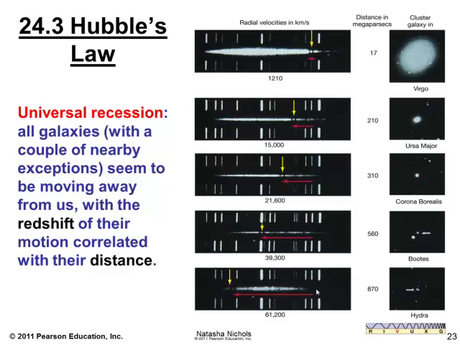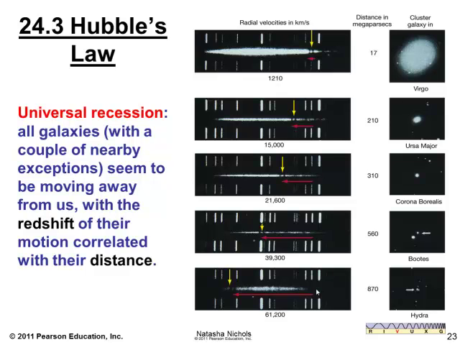Which brings us to Hubble's law. Let's talk a little bit about universal recession. All galaxies, whichever direction we look at, seem to be moving away from us. And the redshift of their motion is correlated to their distance.